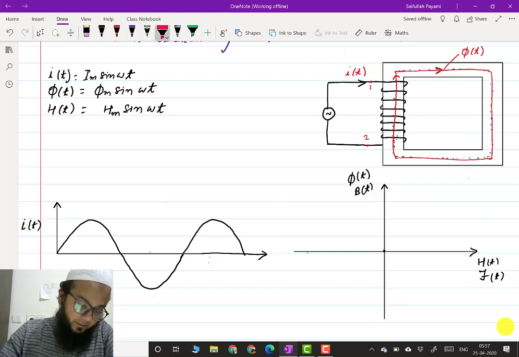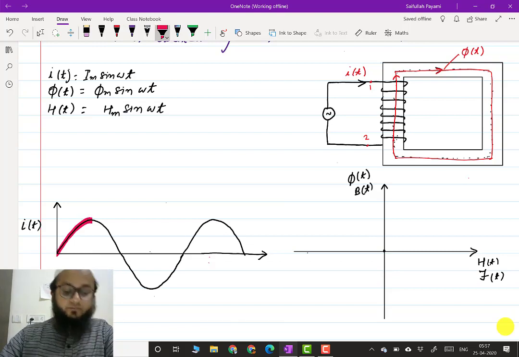The moment I increase the current to here, the magnetic field intensity H is also increased, and in that case we would have an increase in the flux as well.